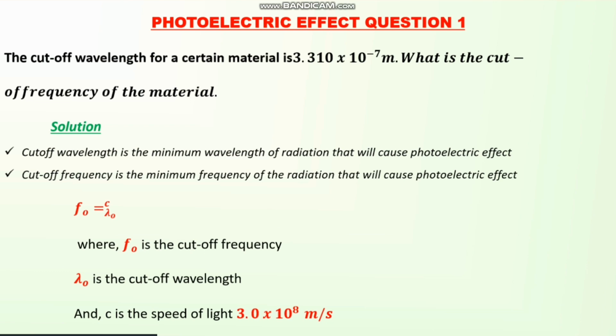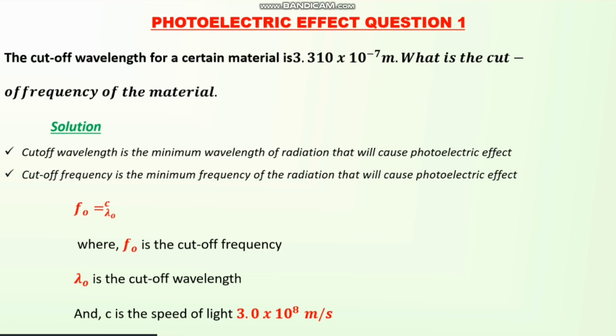Also, c is the speed of light, a constant, given by 3.0 times 10 to the power 8 meters per second. This is the speed that light travels in a vacuum. In the photoelectric effect we also apply this value. Remember, the radiation that causes the photoelectric effect is ultraviolet radiation.